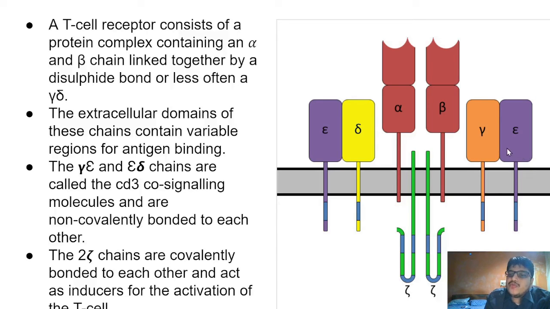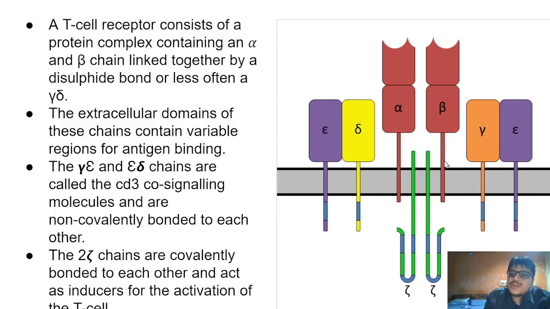Together they form one protein. This is delta epsilon. Together they form one protein, and that protein is called CD3. So apart from that CD3 molecule, they also have these two chains, which are the zeta chains.